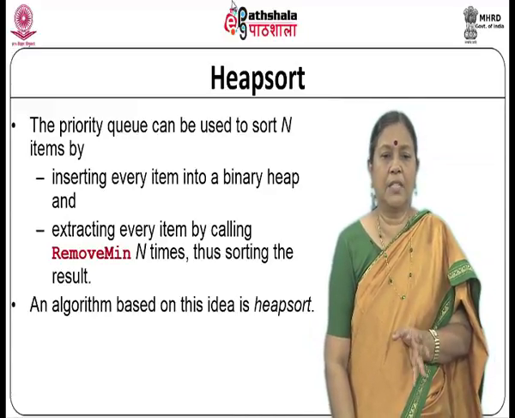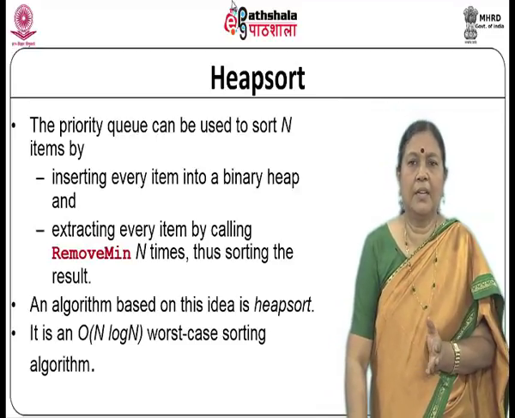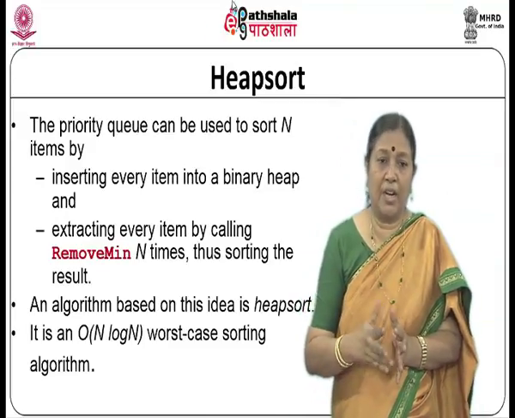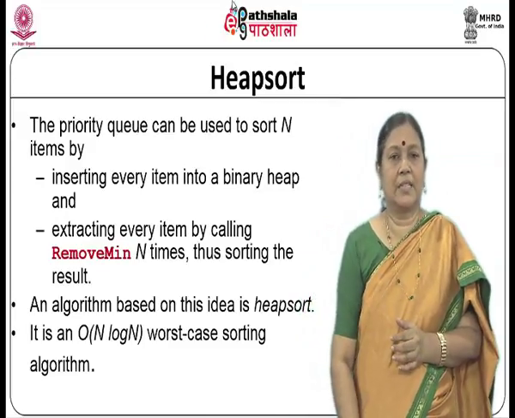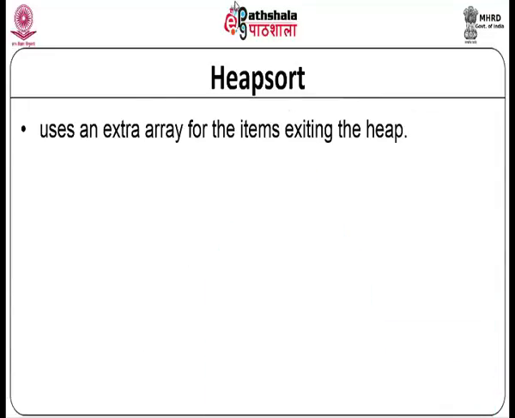An algorithm based on this idea is called heap sort, and the complexity is of the order of n log n, even in the worst case. Let us look at this. It uses an extra array for the items exiting the heap. I will talk to you as we go along.